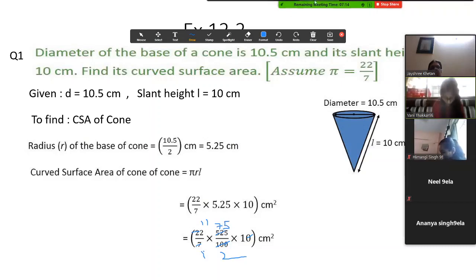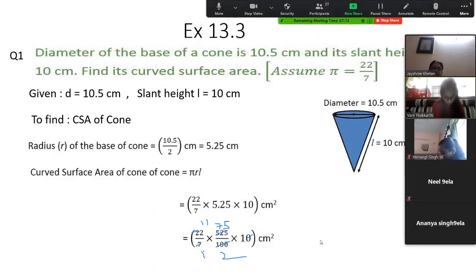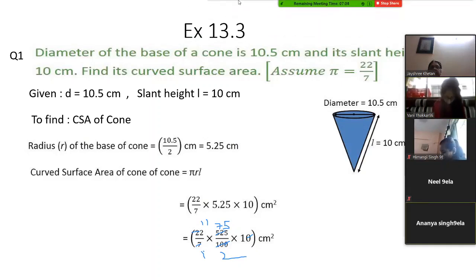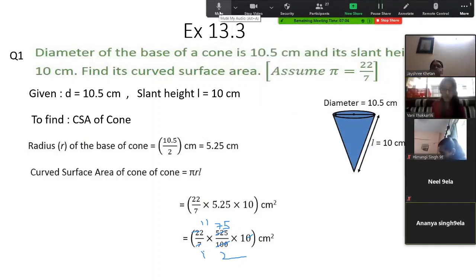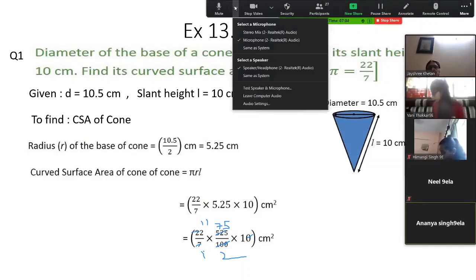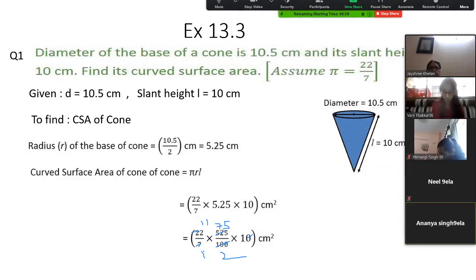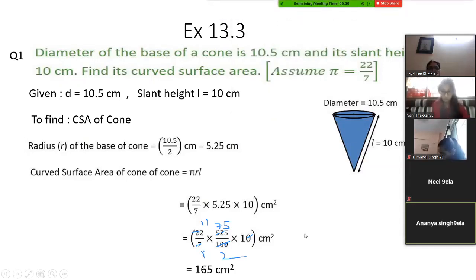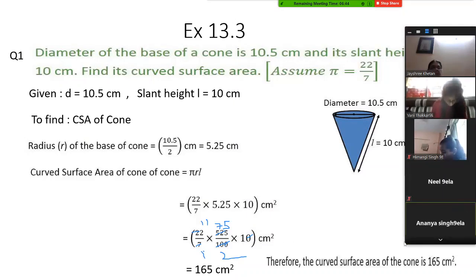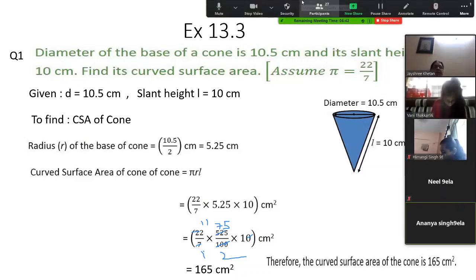So what is your answer? Okay. So your answer is 165 centimeters square. Curved surface area of the cone is 165.